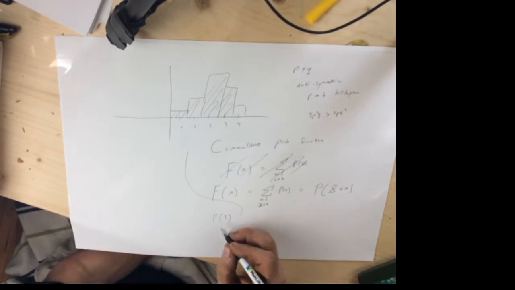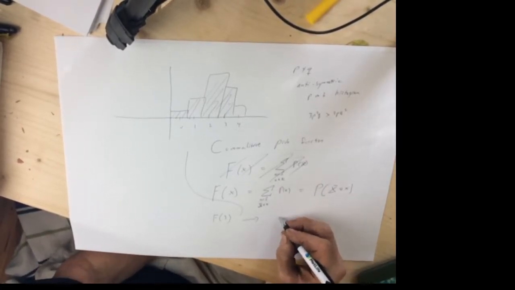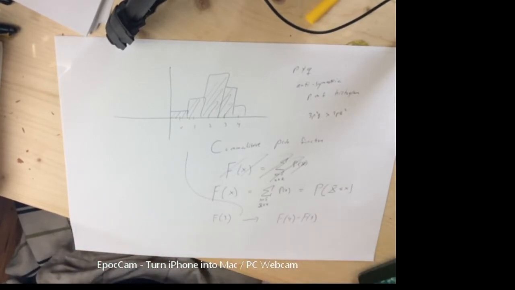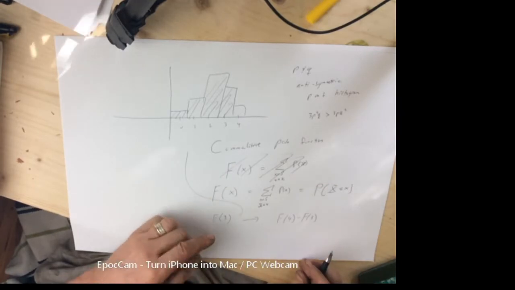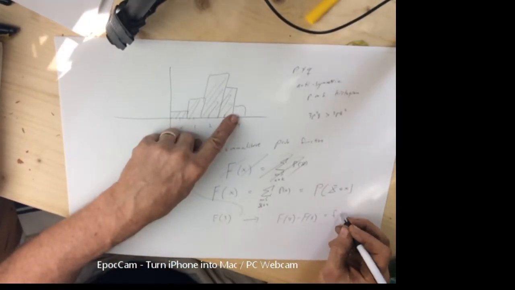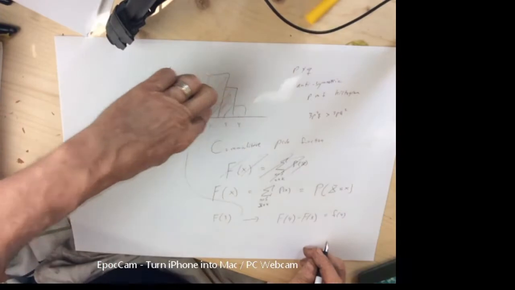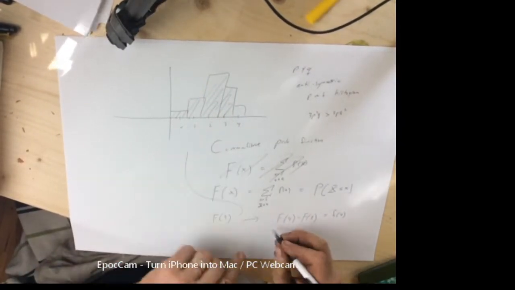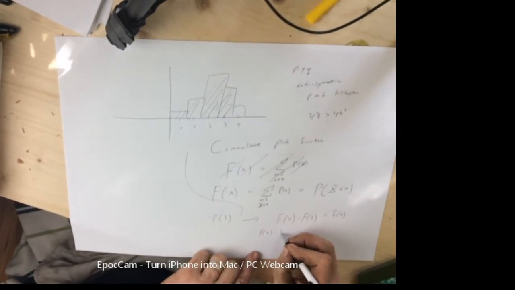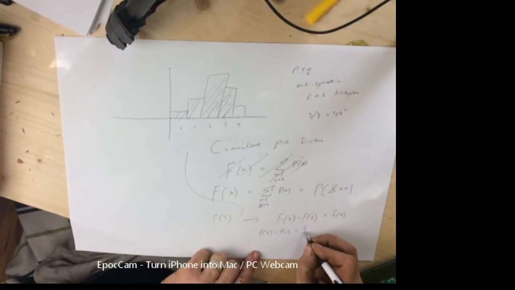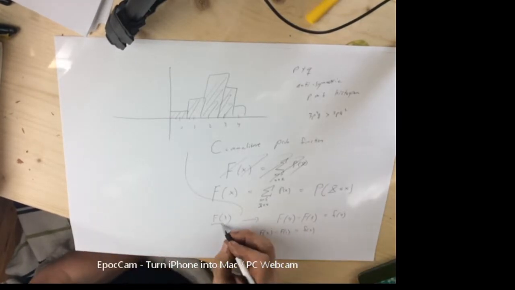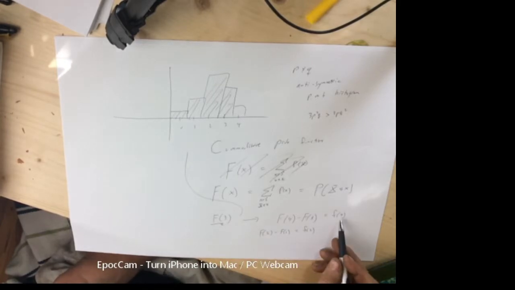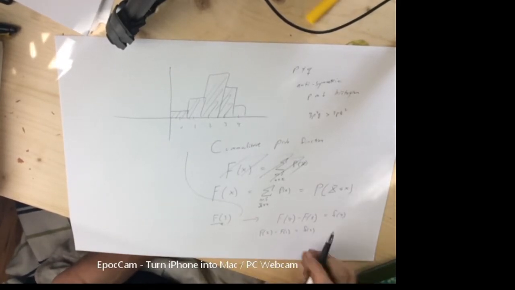Now what's nice about this is that suppose you calculated F of 4 minus F of 3 with a calculator or by looking in the back of the book. Well, this will be equal to little f at 4, because it takes all of this minus that. If you want little f of 2 using a cumulative, you can do F of 2 minus F of 1. So the cumulative at a point, when you subtract the point to the left of it, will give you a probability that you like.